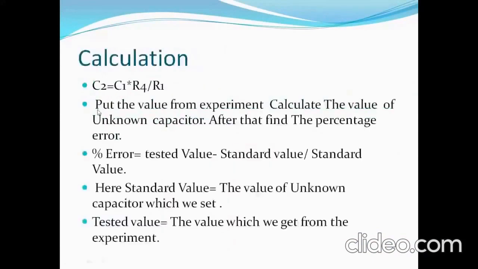So C2 is 0.045 microfarad. We measure C2, the unknown capacitor value, by this equation. Now the percentage error is also 0 because the tested value and the standard value are the same. So the percentage error is 0.